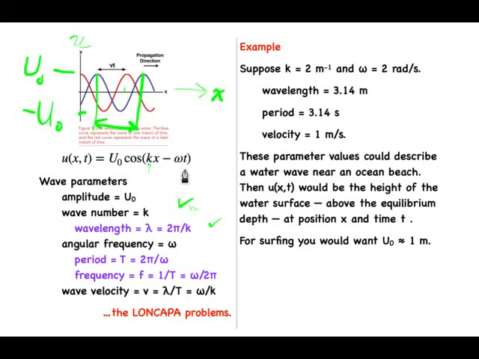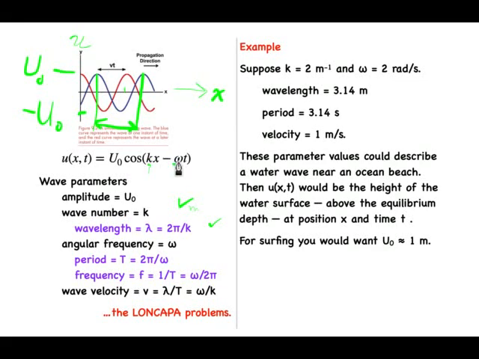Now what about omega? Omega is called the angular frequency. So that's just its name. It's angular frequency. If I pick a particular value of x, and I sit right here, I see a sinusoidal variation which goes like sine omega t.